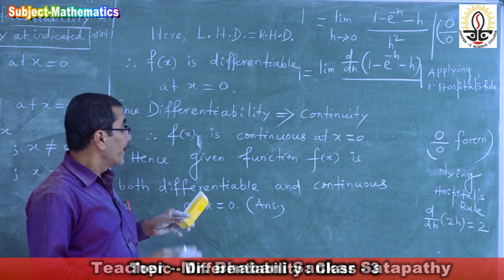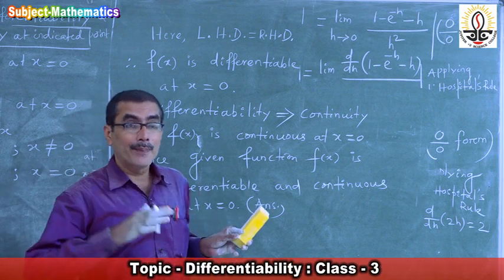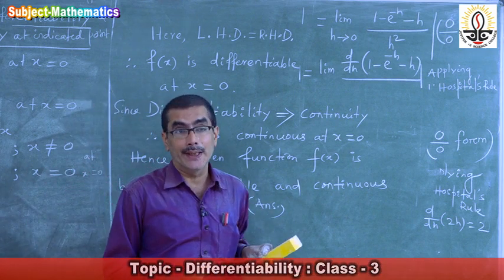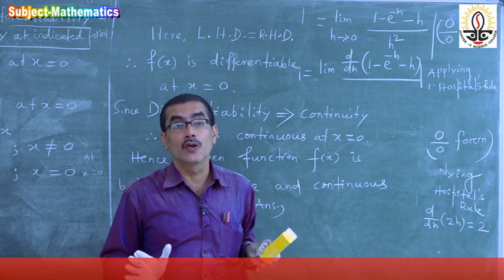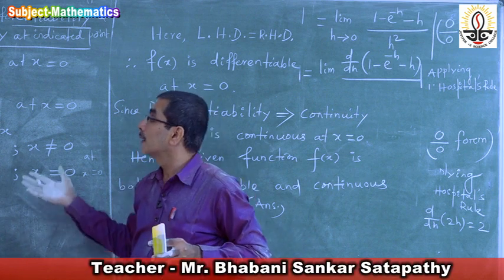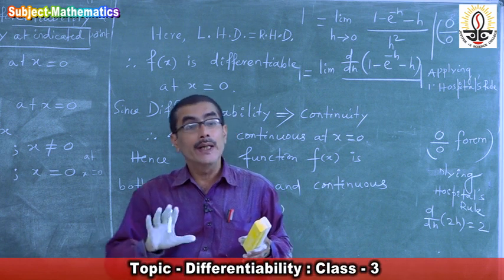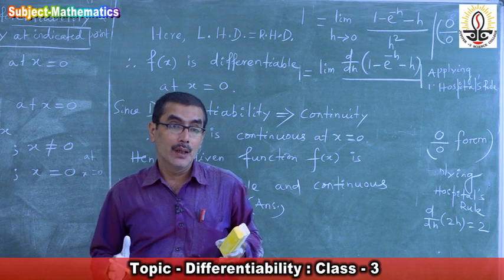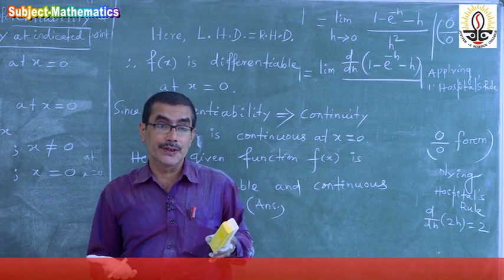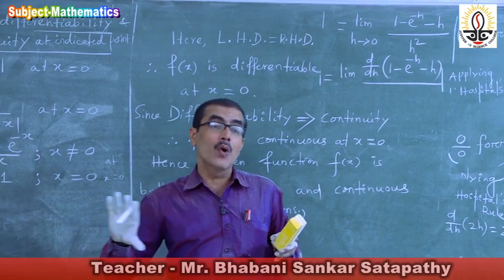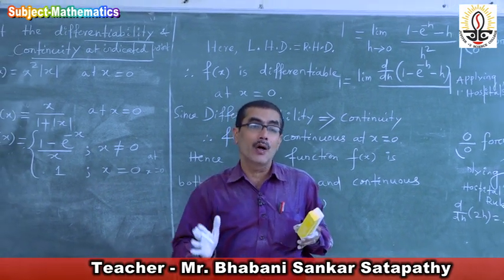So till now we have tested the differentiability and continuity of a function. In chapter 7K there is also question number 4. You will try those questions today, where the question is only to test the differentiability of the function.